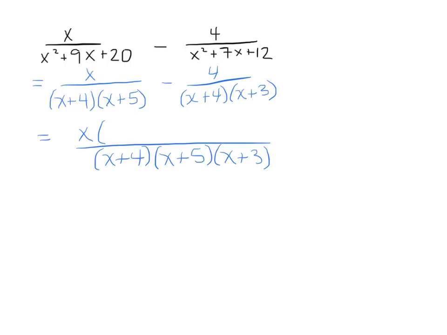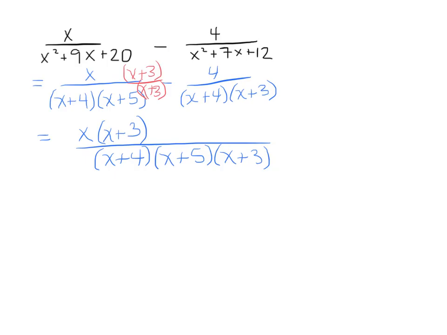So I'll multiply the x just by x plus 3. Really what I'm doing is multiplying this whole fraction by x plus 3 over x plus 3. Because then the denominator becomes x plus 4, x plus 5, x plus 3, which is what we wanted.